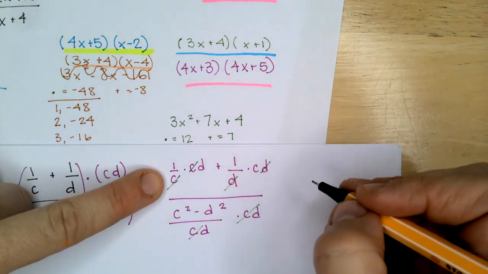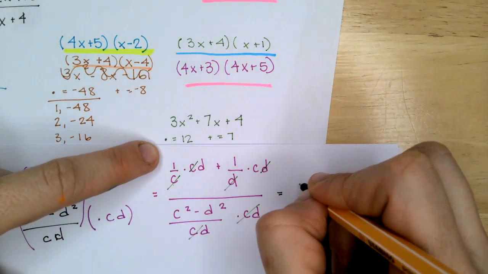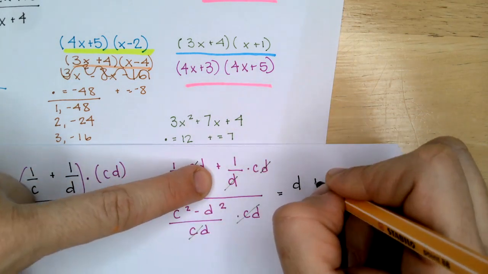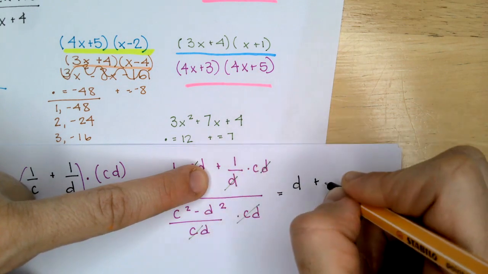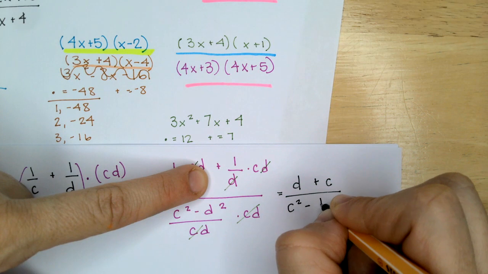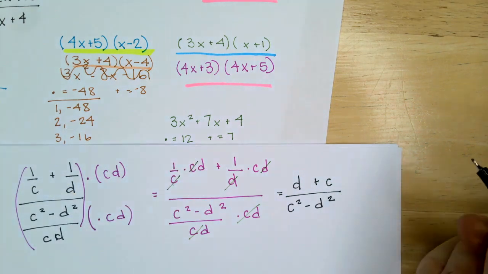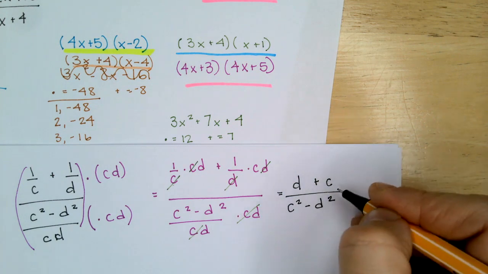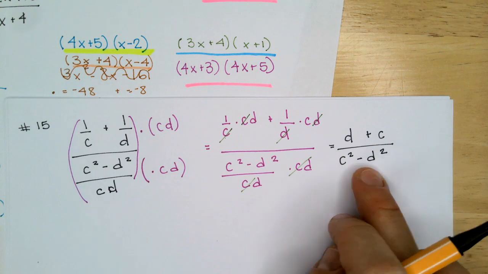Now I have d, right? D times 1 is just d, plus c times 1 is just c, over c squared minus d squared. Let's change the order of c and d because I want it to look like this one.